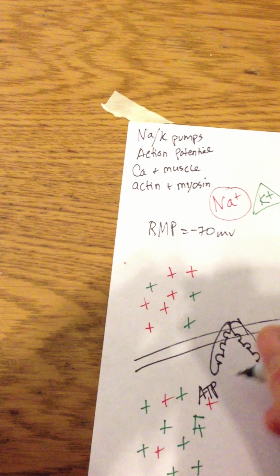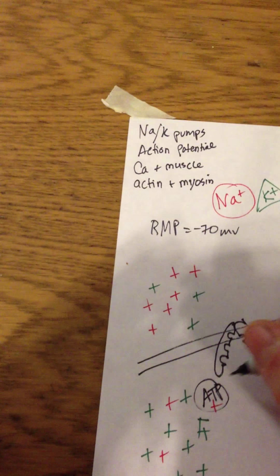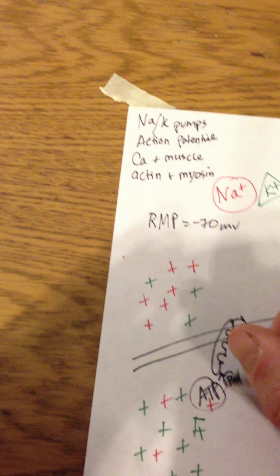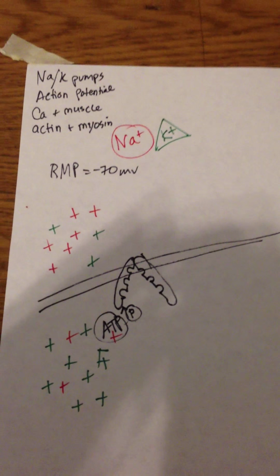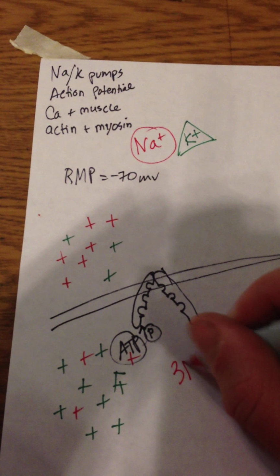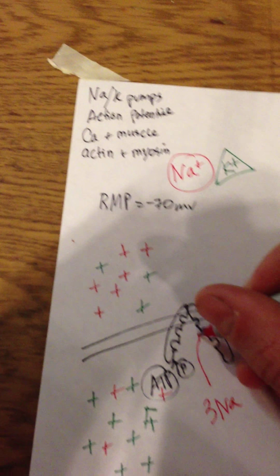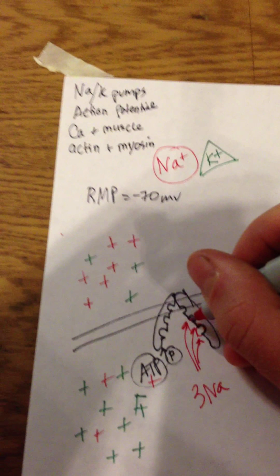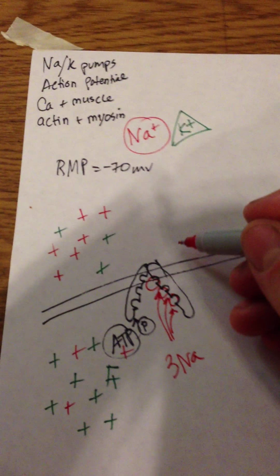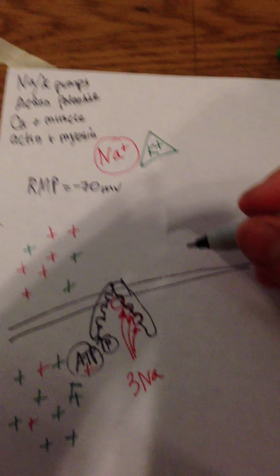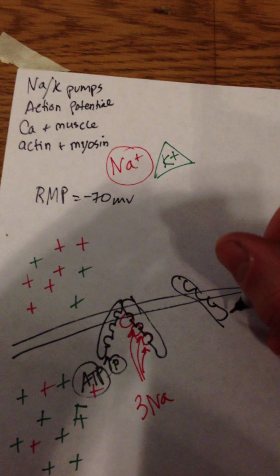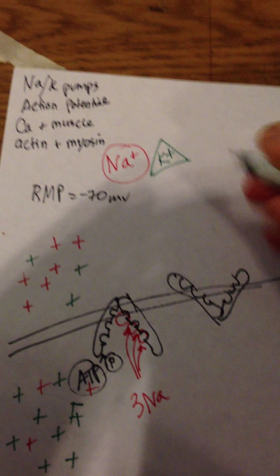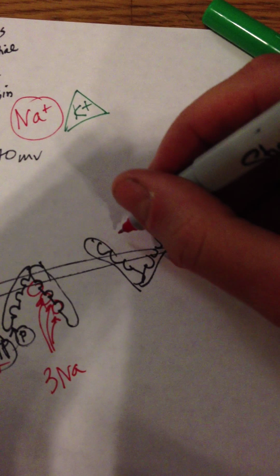ATP comes along and sticks a phosphate, which is negative, onto this pump, which activates it, so that 3 sodiums bind in there, and that causes the pump to change shape and flip. So it's flipped, and now those 3 sodiums are going to go out.